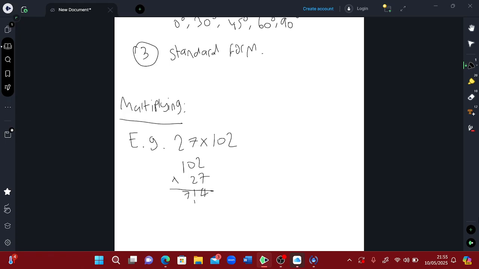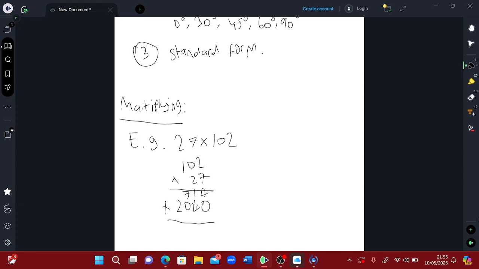And then when you're on the next digit, every digit before it, you want to put 0. And then we start the same process again. 2 times 2 is 4. 2 times 0 is 0. And 1 times 2 is 2. And then you want to add these up.